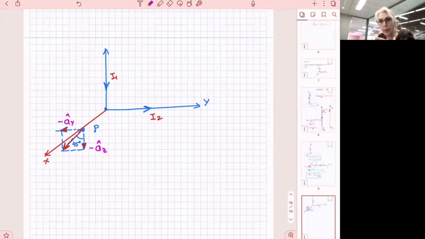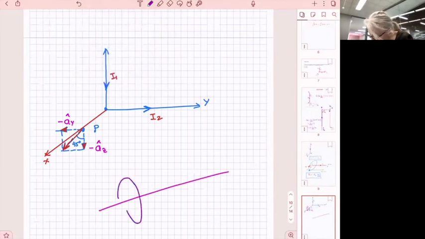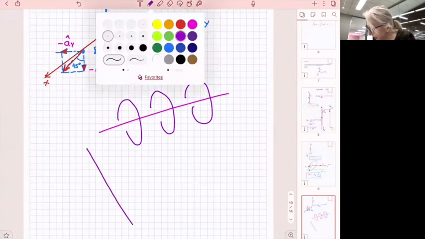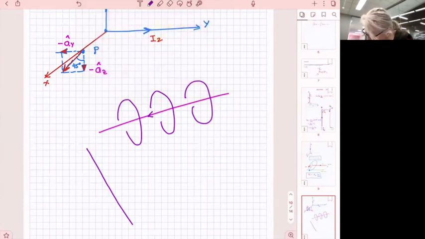If you have an infinite current, the loops will look like this. If the current was in that direction, then the loops would turn. Say this goes like that, and the loops would go like this.